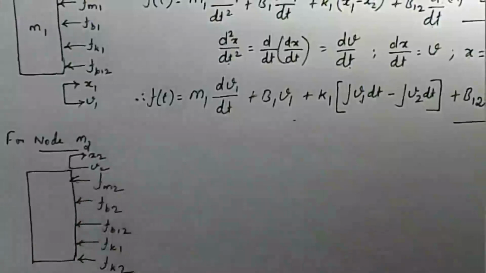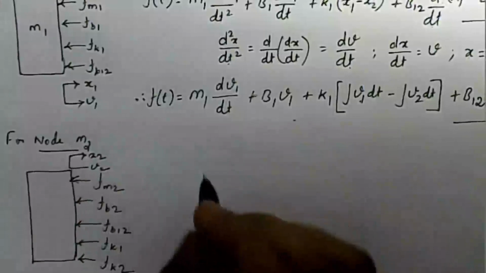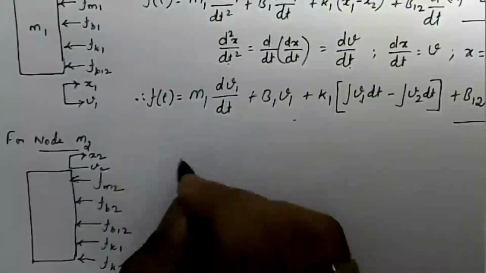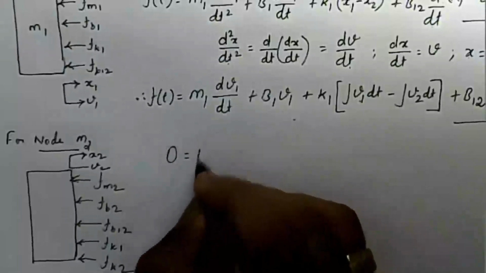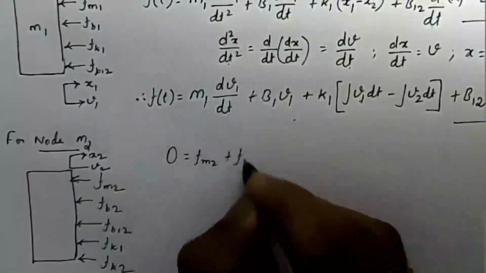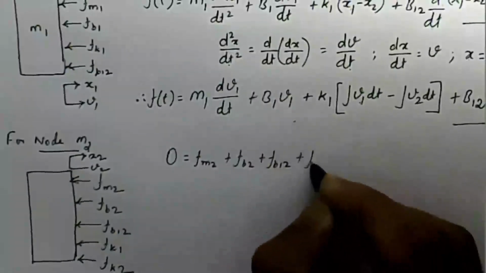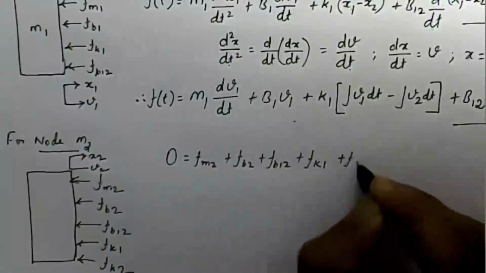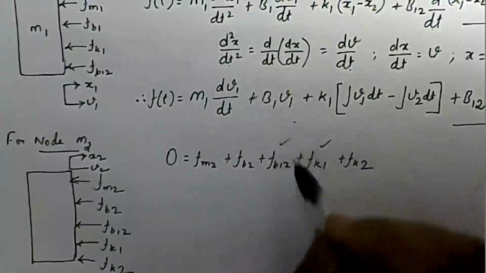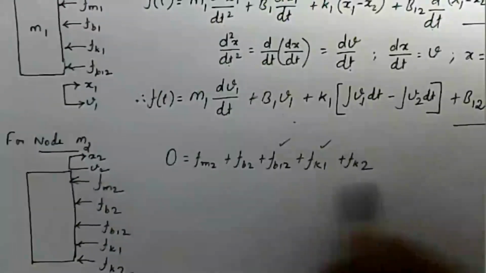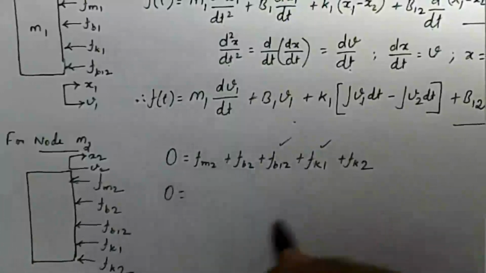Now write the differential equation. According to Newton's second law, the sum of opposing forces is equal to the applied force. Applied force is equal to 0. The opposing forces are Fm2 plus Fb2 plus Fb12 plus Fk1 plus Fk2. Here K1 and B12 are common elements. Now write the differential equation for the corresponding terms.